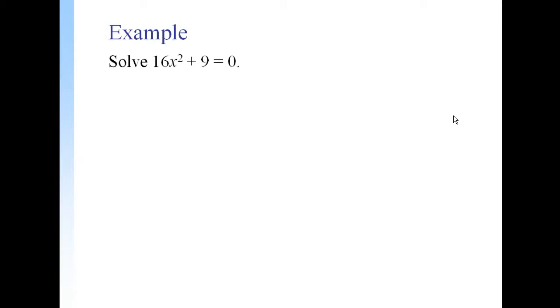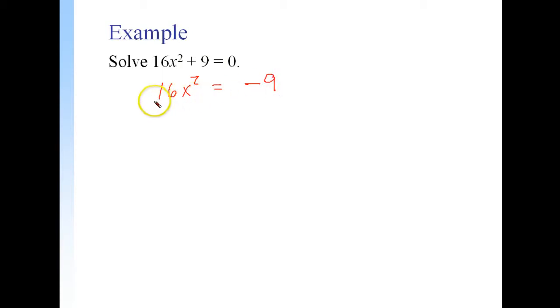Now let's do this one. What do we do first? Well, it's going to be 16x squared. We're going to bring this now to the other side as a negative 9.